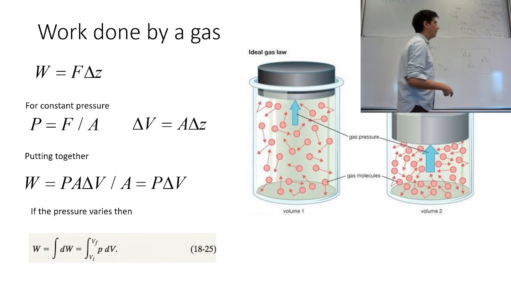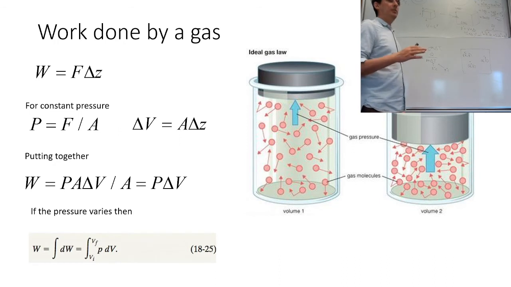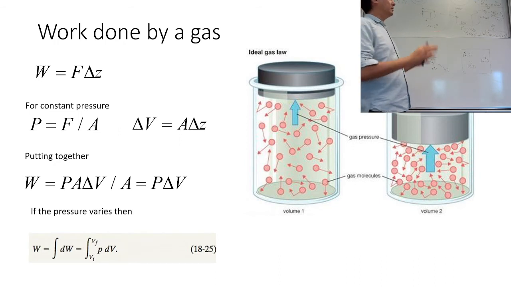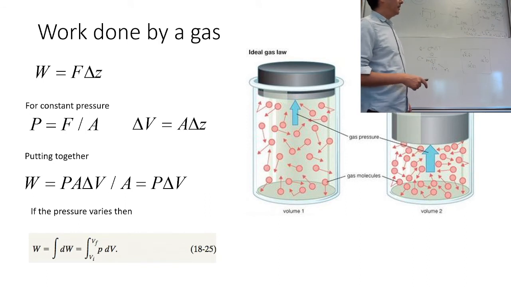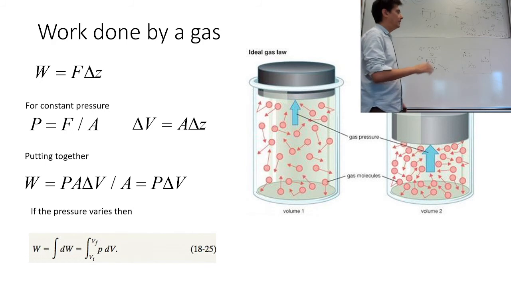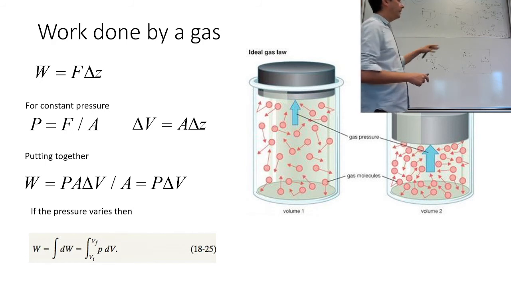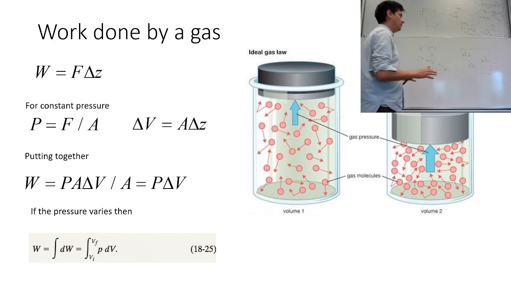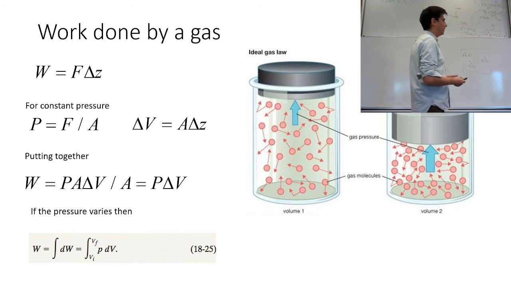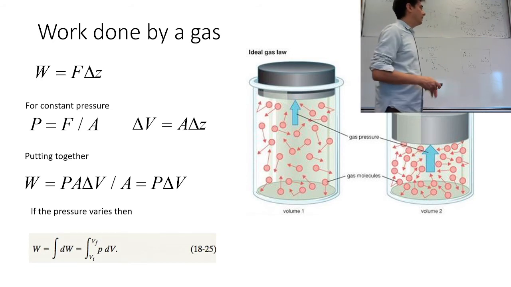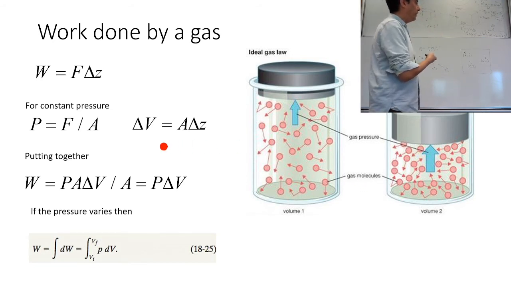We can convert this to something more like what we are working with for gases. Maybe it's not totally obvious what the force is, but we've been saying that pressure is going to characterize the gas. So let's convert to pressure, because pressure is closely related to force. It's just force per unit area.